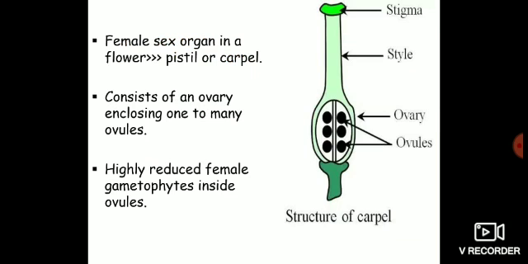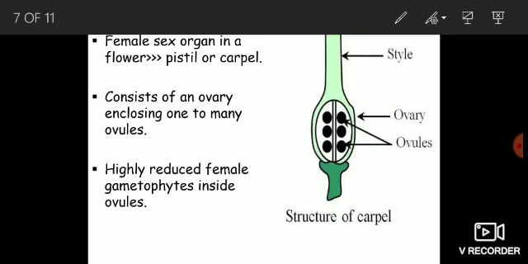Then in the same flower or in a different flower, depending upon the species, the flower also contains the female sex organ, and this female sex organ is known as gynoecium, and the gynoecium is constituted of pistils or carpels. In some species you have only a single pistil, while in other species you have a number of pistils, and these pistils can be either fused or separate from each other.